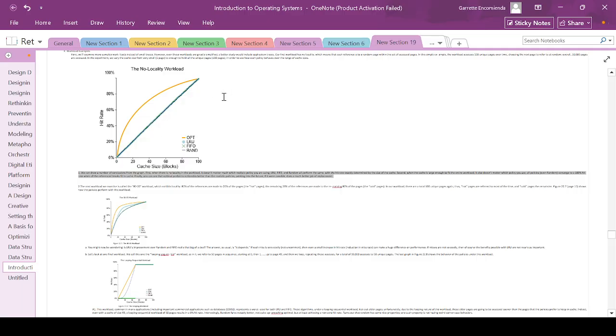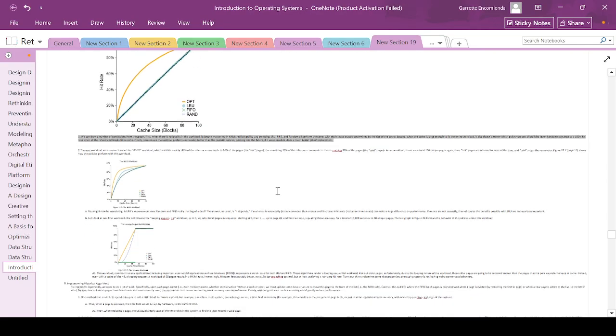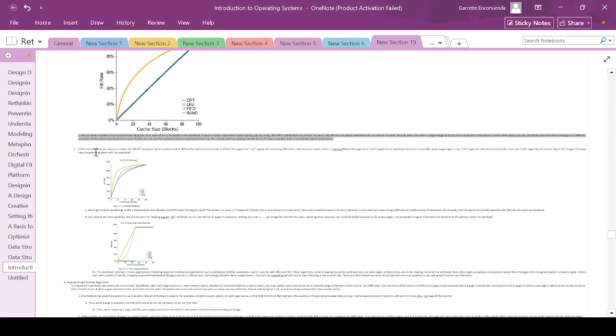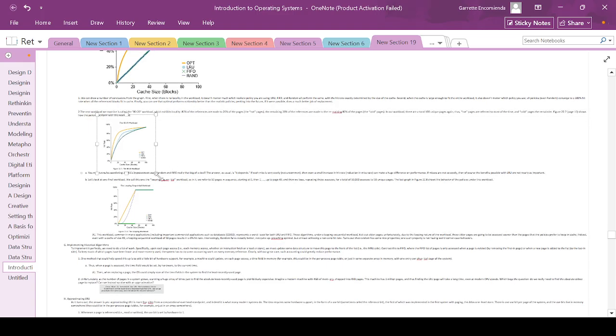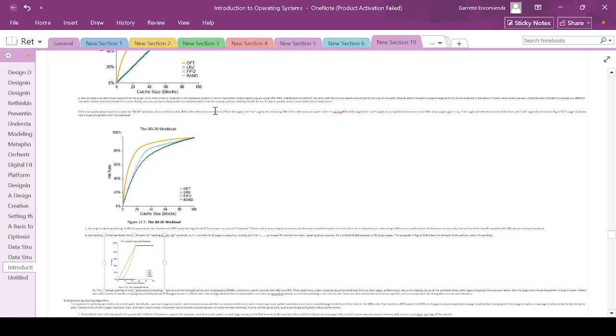So here, our optimal policy in the no-locality workload works better than all of the introduced approaches: LRU, FIFO, and random. The next workload we examine is the 80-20 workload, which exhibits locality.